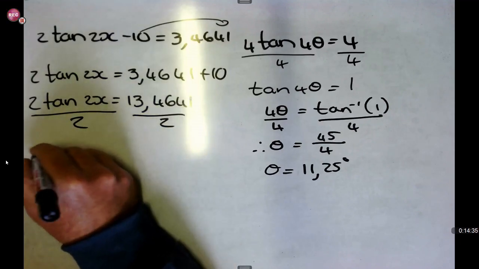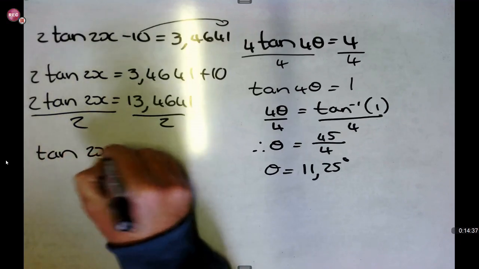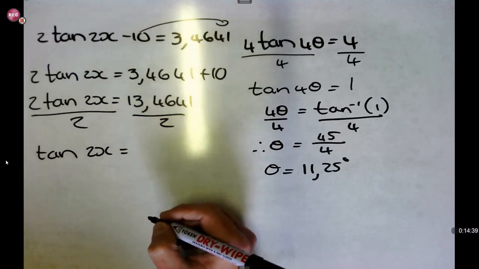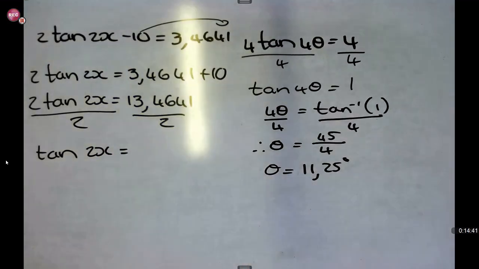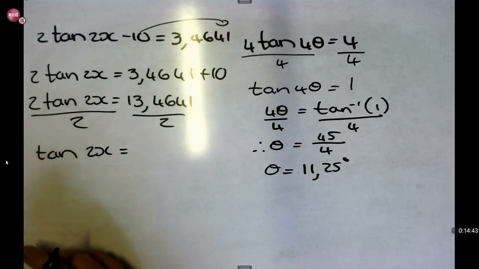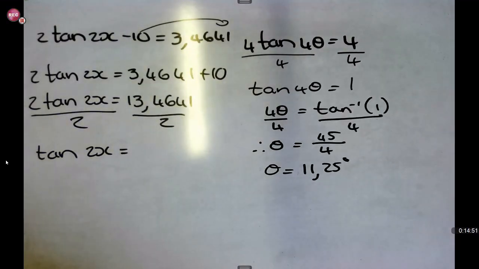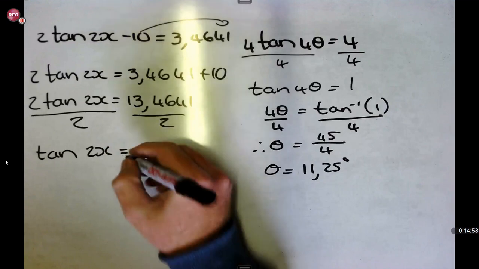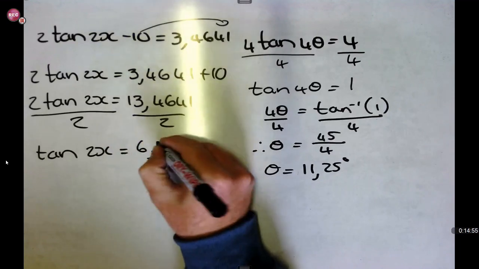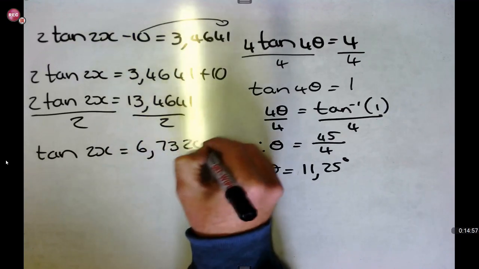What you'll have then is tan 2x equals, if I divide the 13,4641 by 2, I will then have 6,73205.